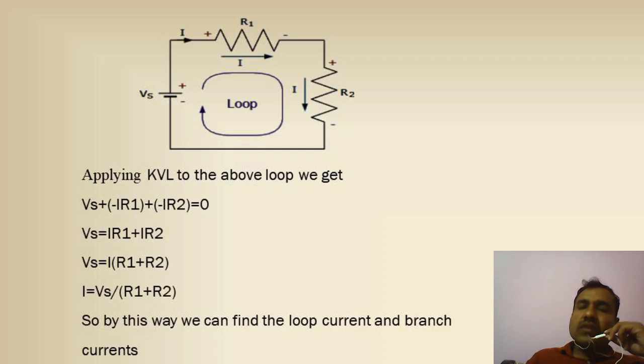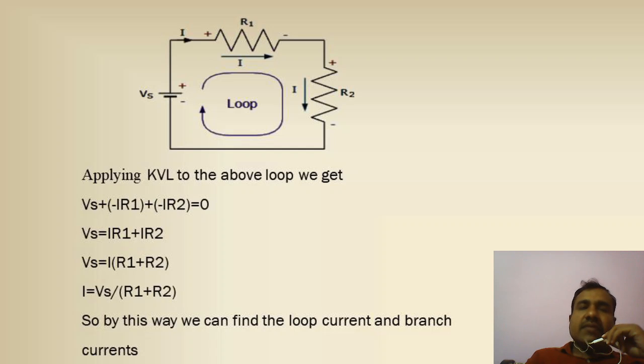So how can we take that? If you are traveling from a negative terminal to a positive terminal, that voltage is taken as positive. And if you are traveling from a positive terminal to a negative terminal, then that is taken as negative voltage.